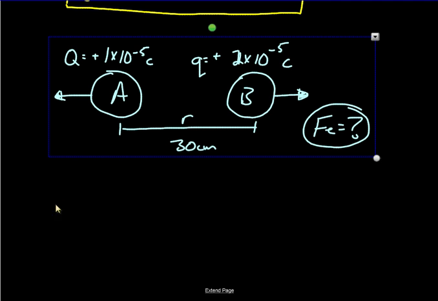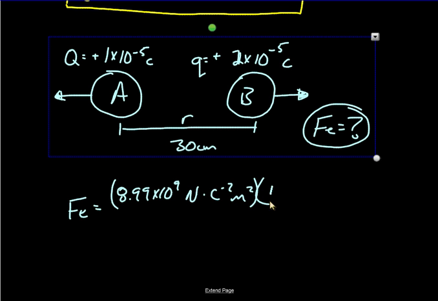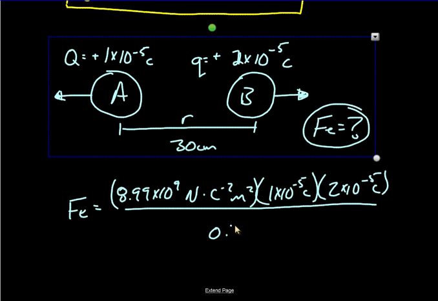K Q Q over R squared, so K, 8.99 times 10 to the 9, times 1 times 10 to the negative 5 coulombs times 2 times 10 to the negative 5 coulombs, all over 0.30 meters squared.